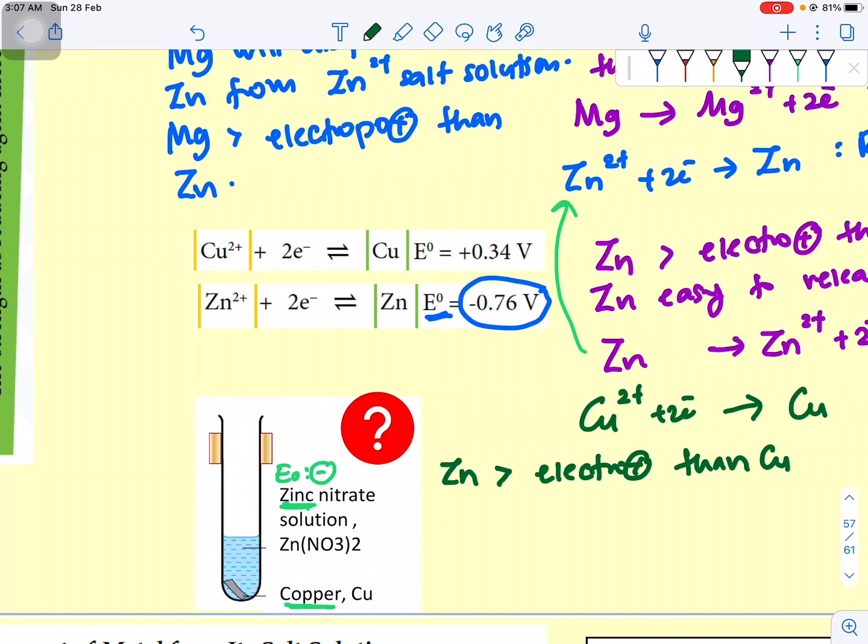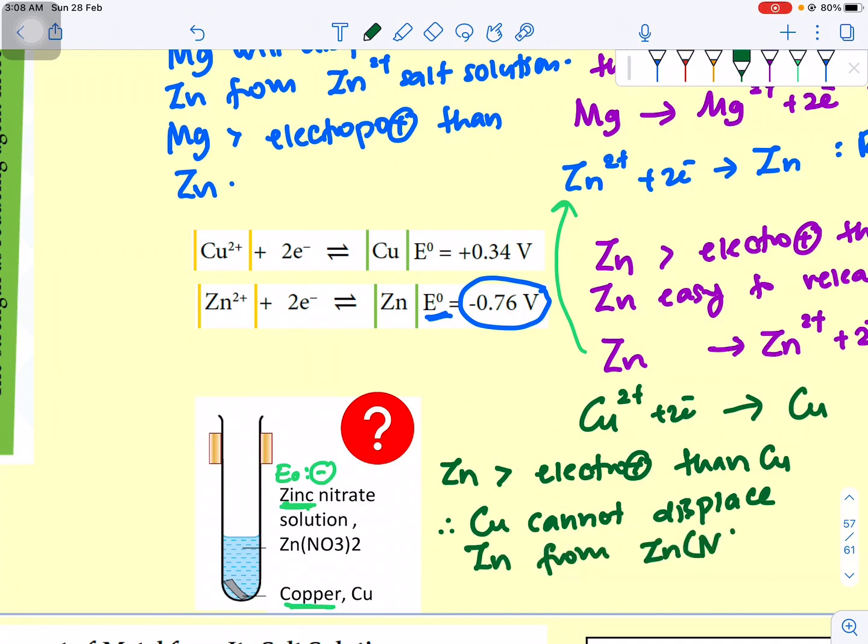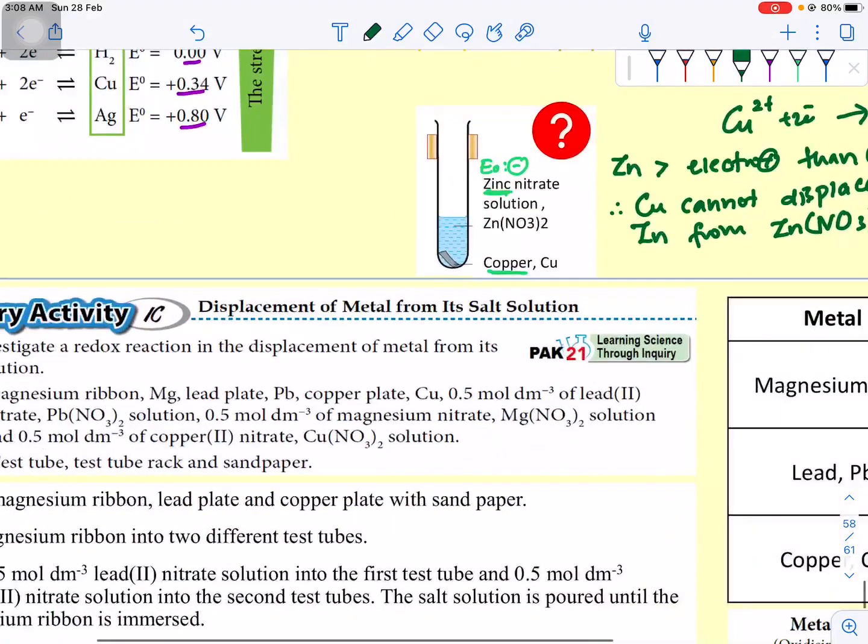Bila dia yang lebih electropositive, maka oleh sebab itu Cu ni tak bolehlah nak tendang dia sebab dia kurang power. So Cu cannot displace zinc from zinc nitrate. So the reaction will not occur. Tak mampu nak tendang keluar sebab copper ni kurang power. Yang lebih power adalah zinc.